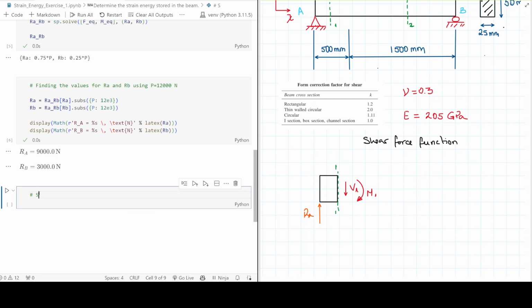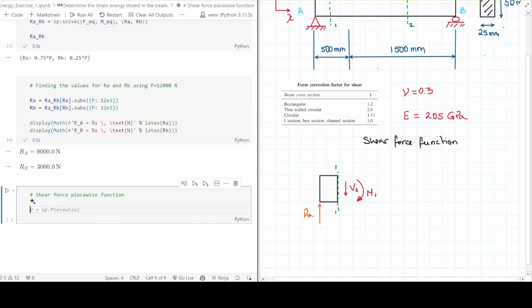So on the shear force, I'm going to call it a piecewise function because it's a split function. There are points where that function is going to be broken, so it's not continuous. Actually, let me do something because this is for this part. Now, what happens with part 2 here?